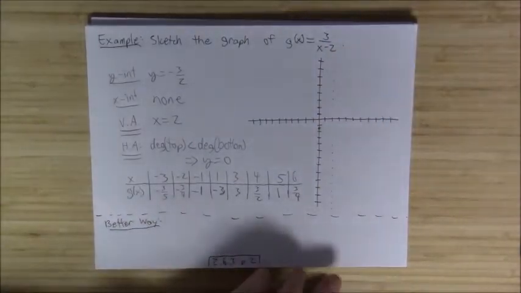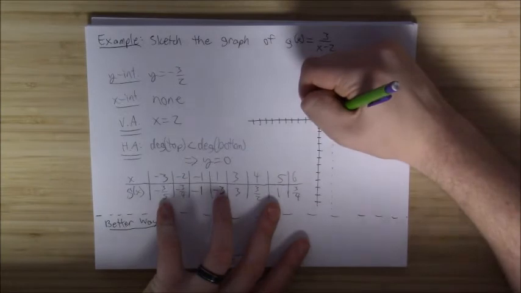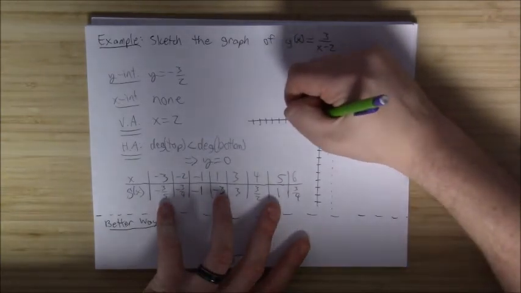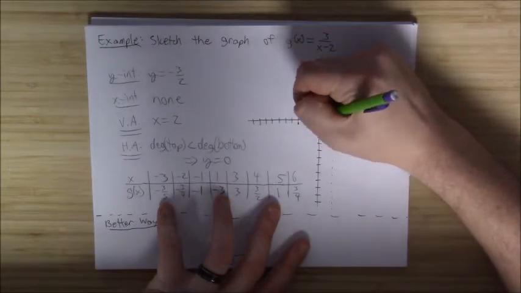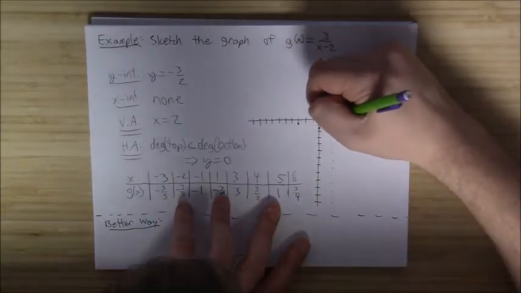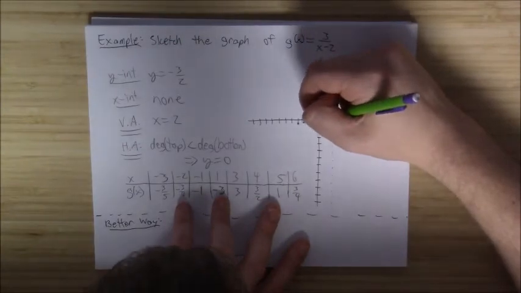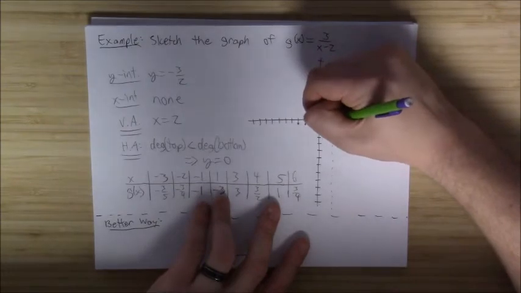And so what do we see by plotting those points? Negative 3/5 is a little bit bigger than 1/2, so about there. Here we see negative 3/4, about right there. Negative 1 is right there.